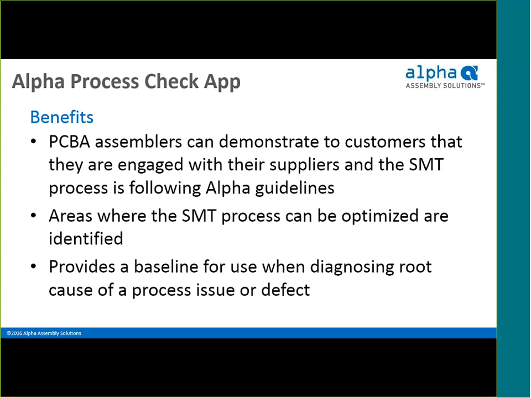And finally, one of the reasons we developed it was to provide a baseline for the existing process in place when we're working with customers to help troubleshoot or diagnose the root cause of a process issue or defect. Like Frank and Bruce just presented, there's some relatively straightforward Pareto principle, 80% of the defects can be related to these things.